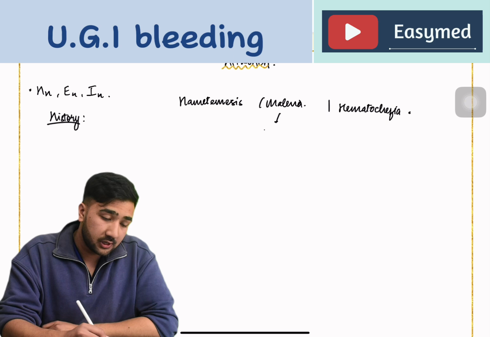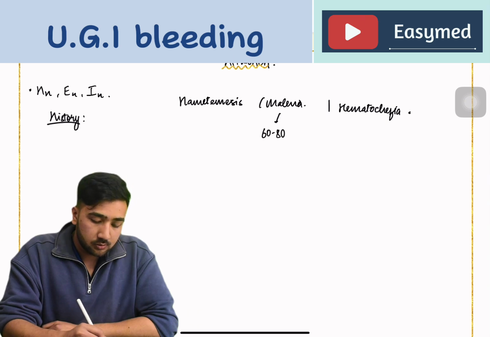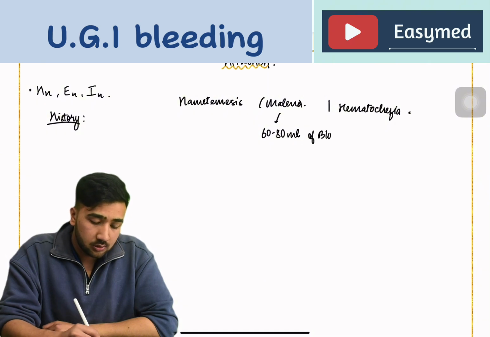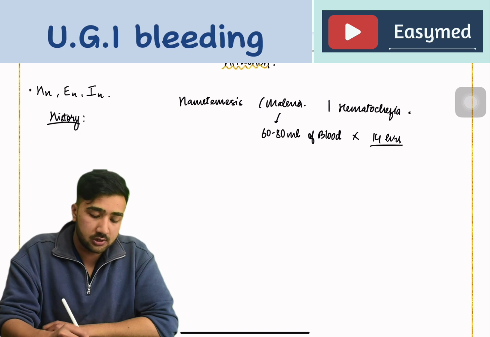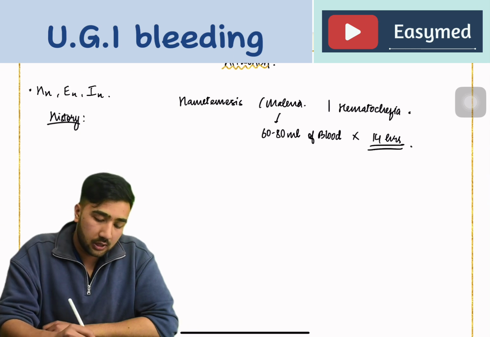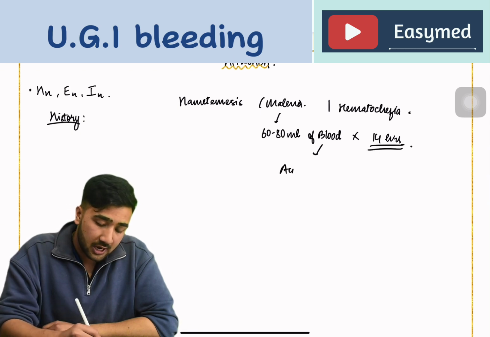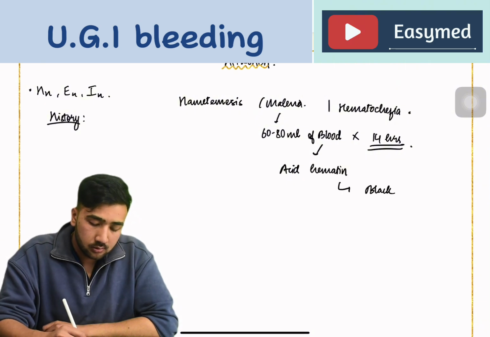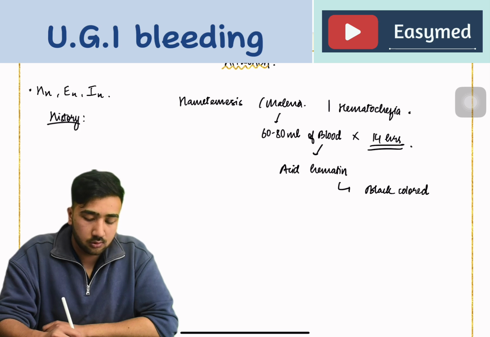Melena is defined as passage of blackish tarry stool, and there must be at least 60 to 80 ml of blood, which must remain for at least 14 hours, which is according to Harrison. And the blood gets digested by acid hematin, resulting in black colored malodorous stool.